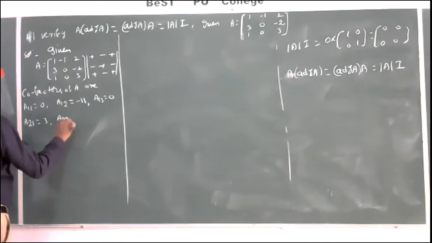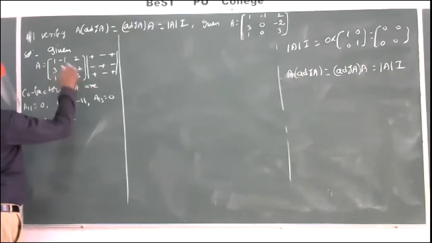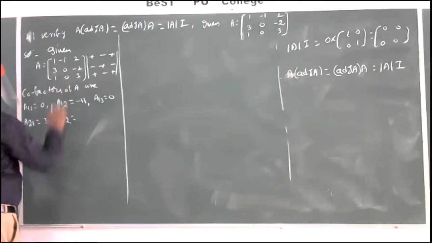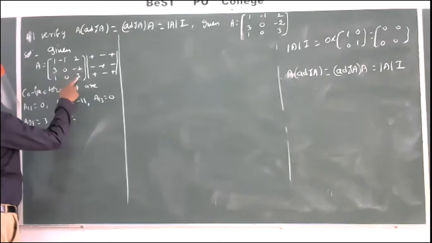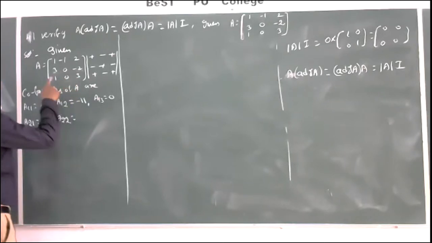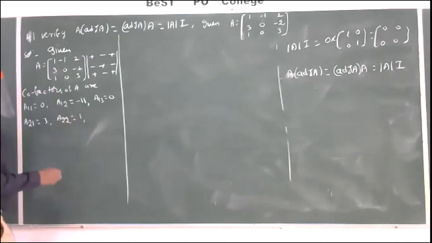It is A22, left second row and second column, 1 into 3 minus 1 into 2, 3 minus 2, that is 1.